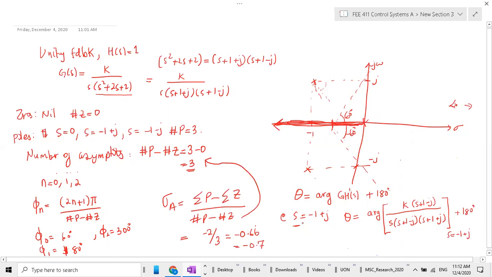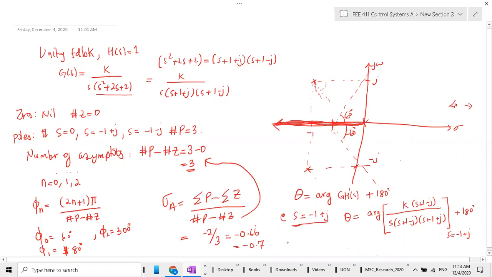You just multiply by that factor so that it cancels, and then you calculate the argument at that point.